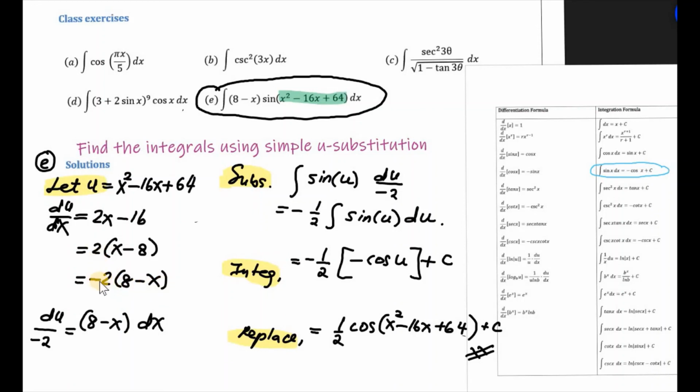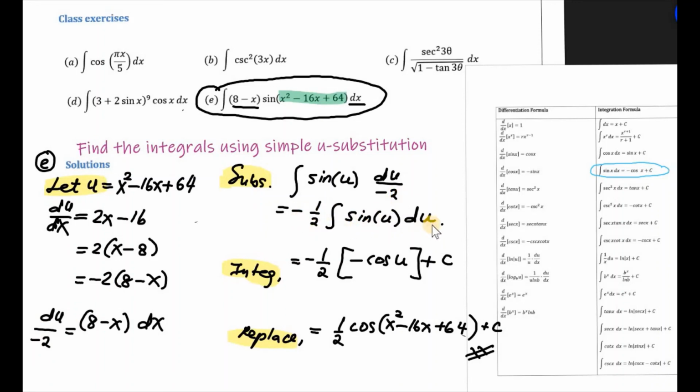When you are introducing that, meaning you are factoring a negative, make sure that you expand and get back your initial function. So there we rearrange such that 8 minus x dx, the one that we are to replace, is du over negative 2.